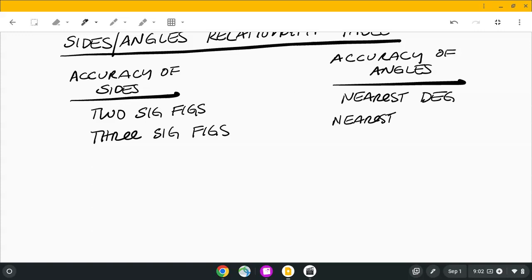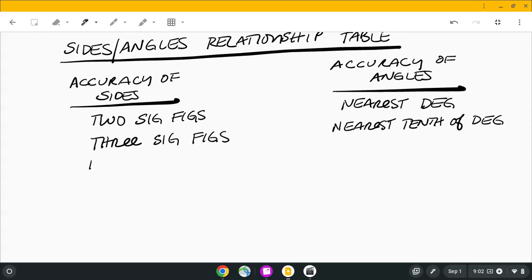Nearest tenth of a degree. If your sides are four significant figures, then you will round your angles to the nearest hundredth of a degree.